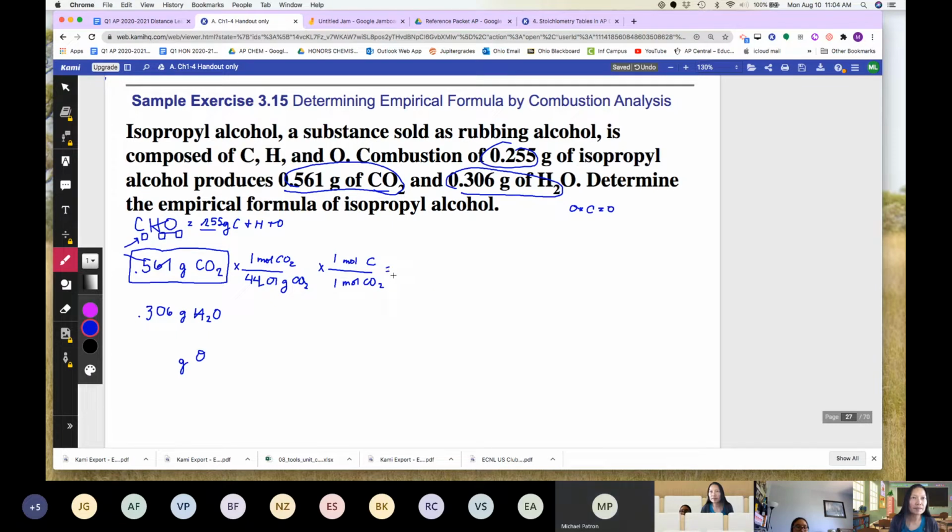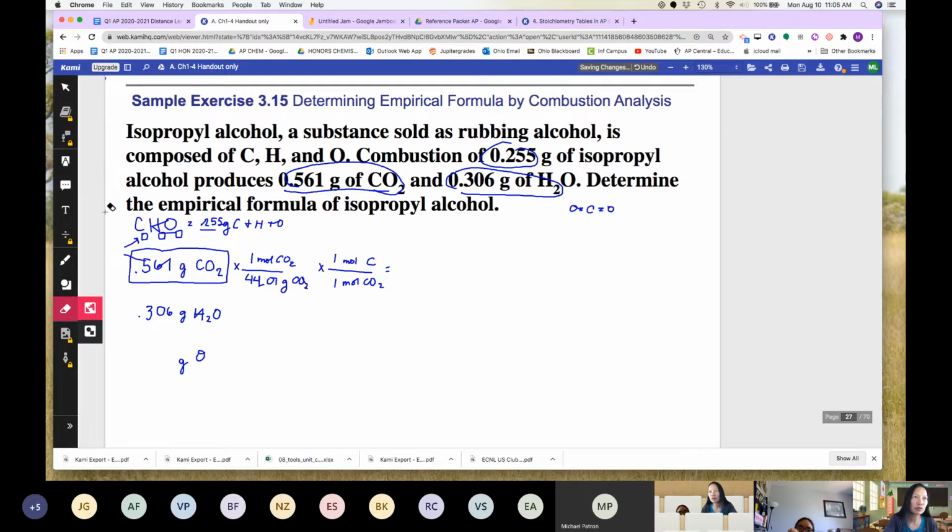So what is that? 0.153 grams of carbon. Grams? I don't want grams. Sorry, I went over. The book goes all the way to grams, right? You don't have to do that yet. It makes sense to me to go to moles first because those numbers are in moles.